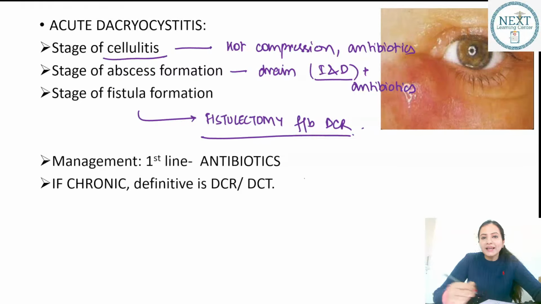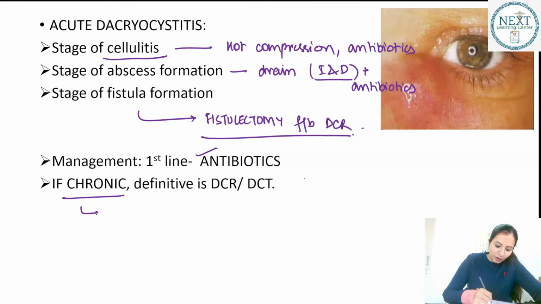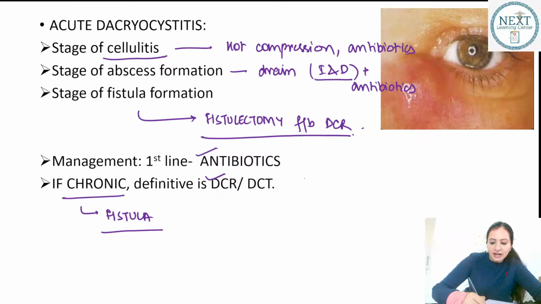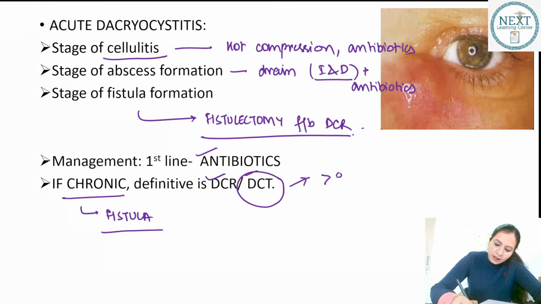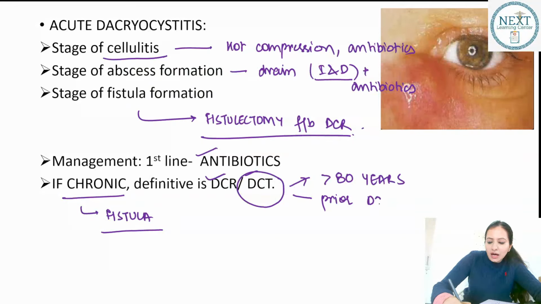As I told, in acute inflammation, first line will be antibiotics. Once it turns into chronic, means fistula is formed, then you have to go for DCR or DCT. When do you do DCT? DCT is generally done in patients of more than 80 years or when prior DCR has failed.